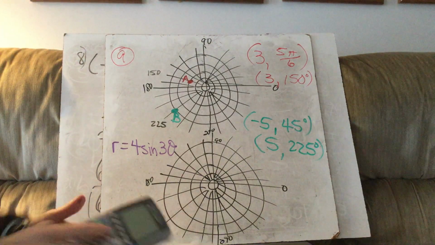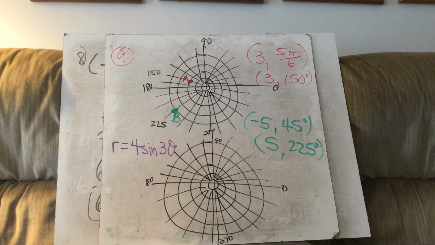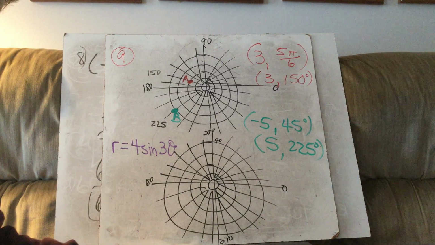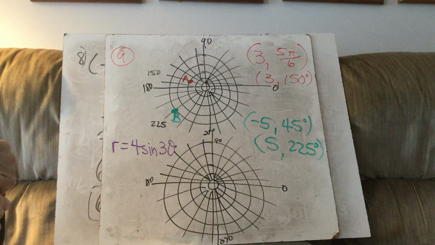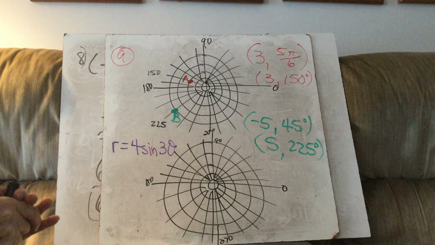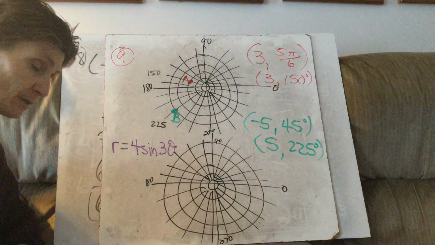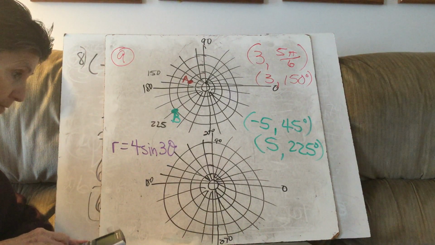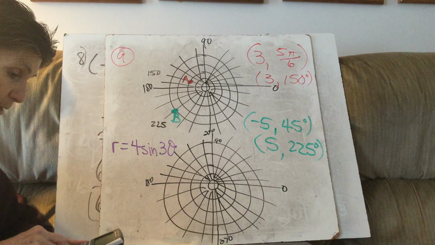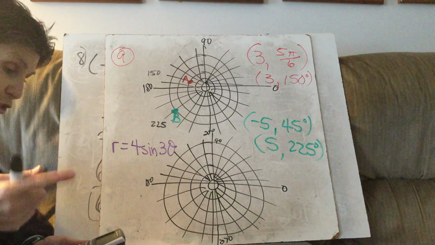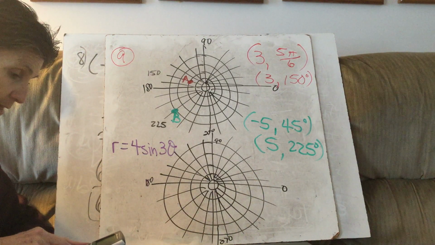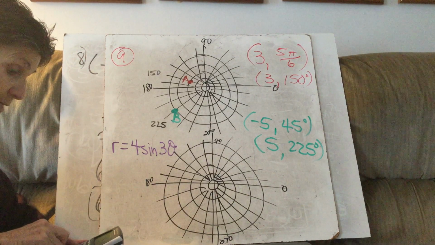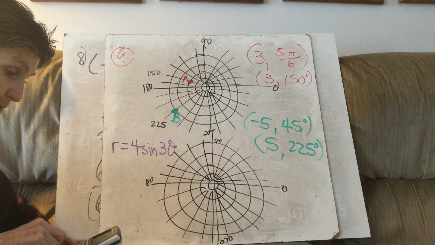Okay, so we've talked about how our calculator should be set. We're going to make sure that our calculator is set the same way it was before. Make sure you are in polar mode, which it should be if you haven't changed your calculator at all. And we're in degrees. We've been in degrees for everything.